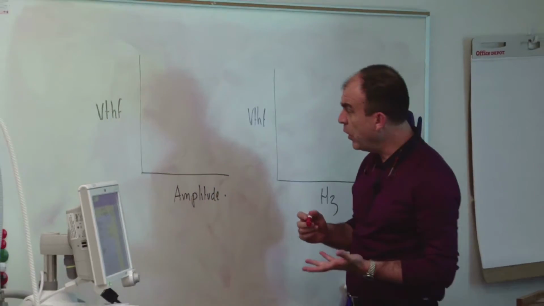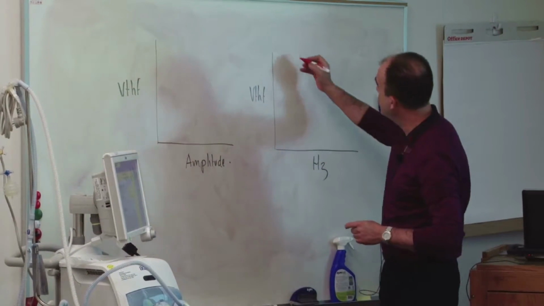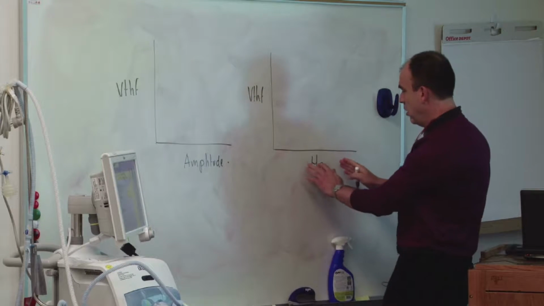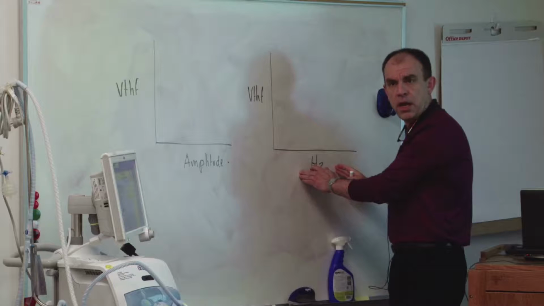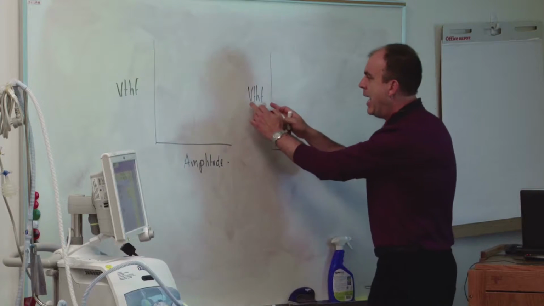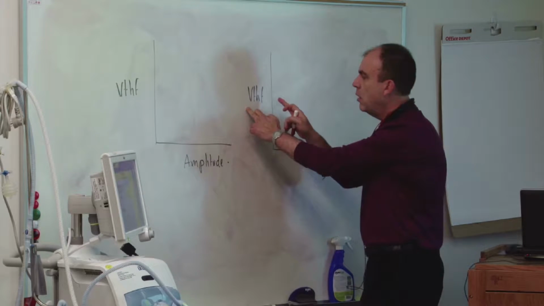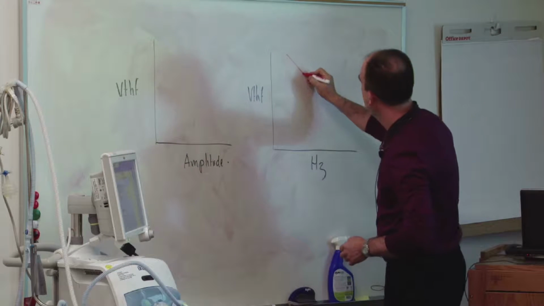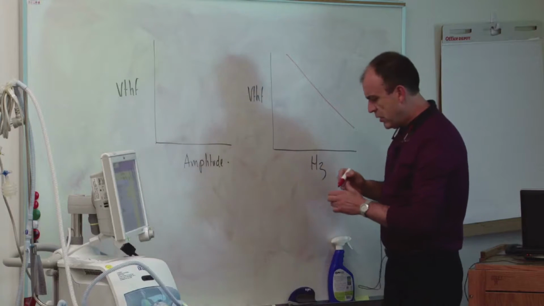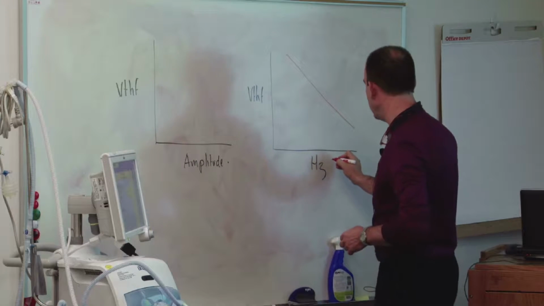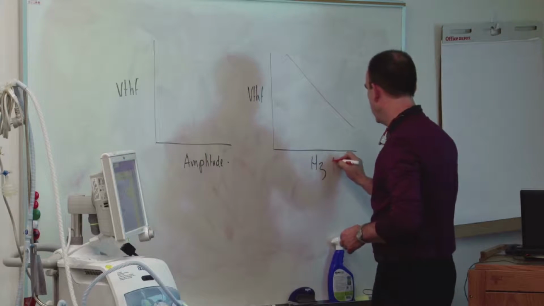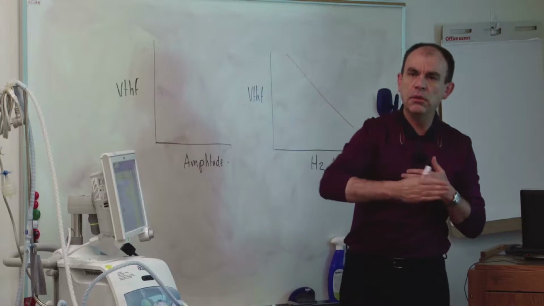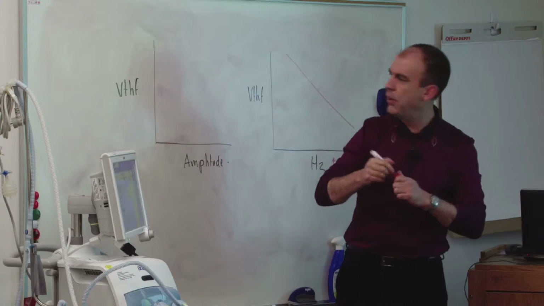So what really happens here, as everybody knows, there is an indirect relationship between frequency in high frequency ventilation and VTHF. And that means that when we start increasing the frequency, the oscillation gets a little bit shallower.